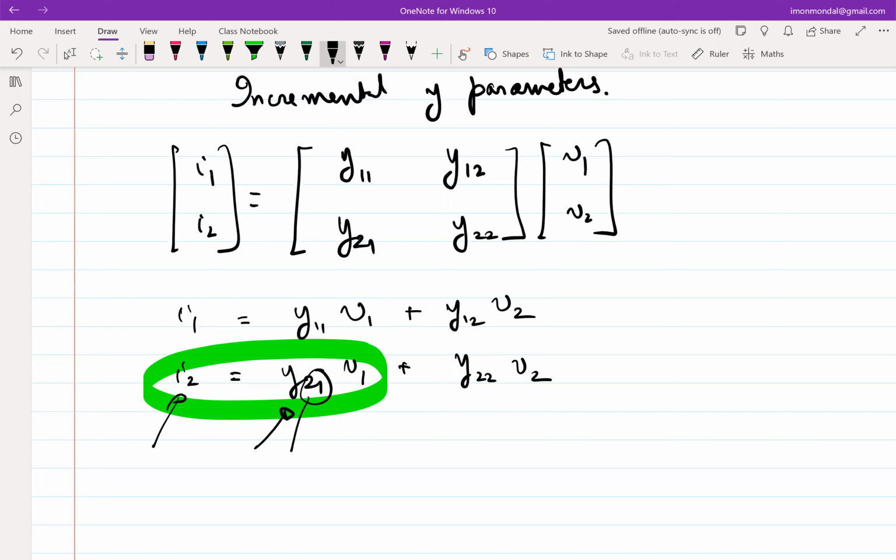So the first subscript refers to the output side, the port that I am interested to observe, and the second subscript refers to the port at which I am applying the excitation, right? So that's essentially the nomenclature.